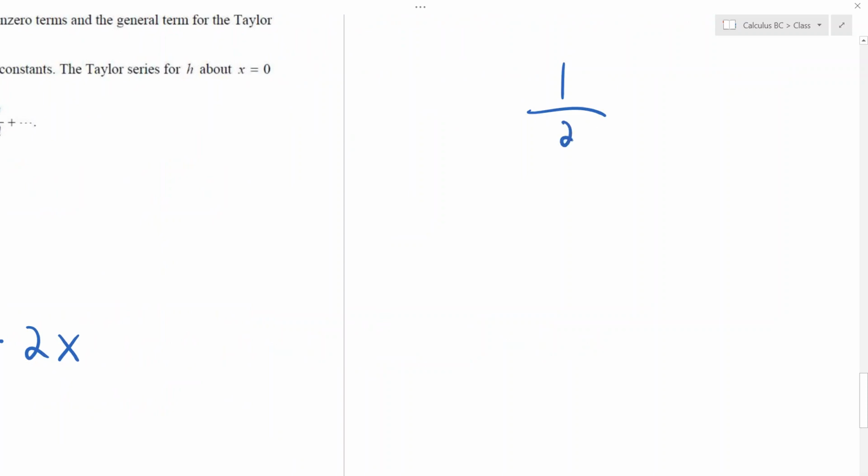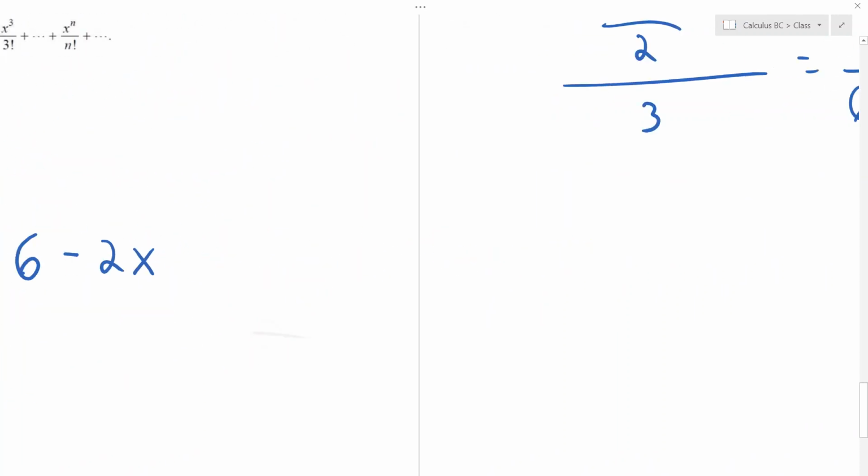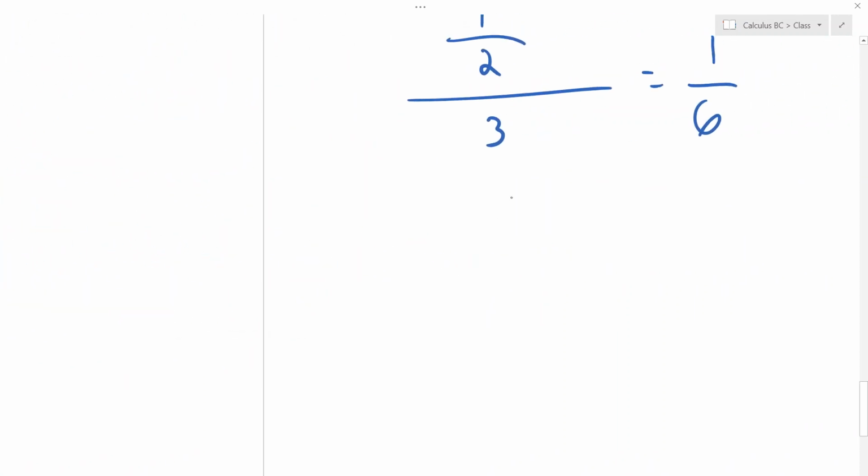Yeah, like 1/2 divided by 3 is a 1/6. Just to make sure, that's not the same thing as 1 divided by 2/3, kids. That's 3/2. Okay. It matters which one's the big fraction bar there.